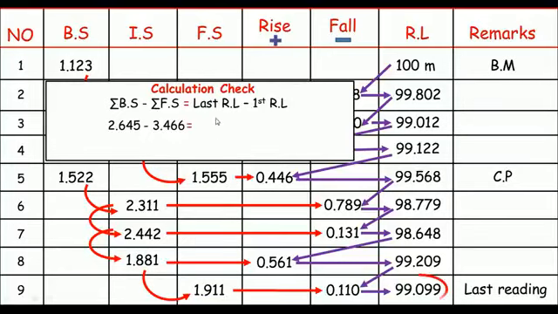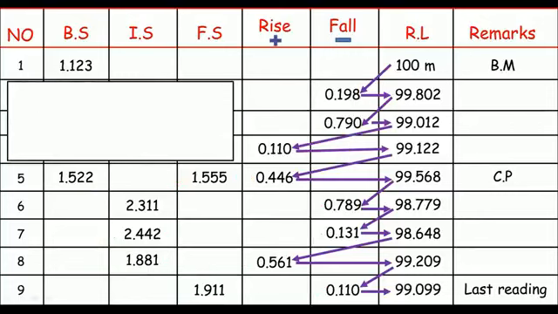Must be equal to the last RL, which is 99.099, minus the first RL, which is of course 100. Do some maths, we'll get the calculation like in this form. If you see, both sides of the equation are not the same, it means I should apply the second check. One of these two checks must satisfy the calculation.